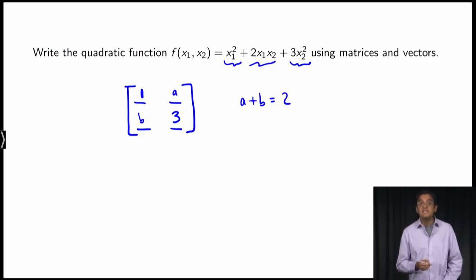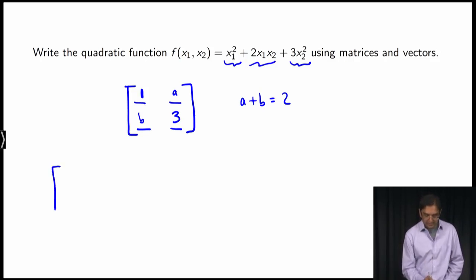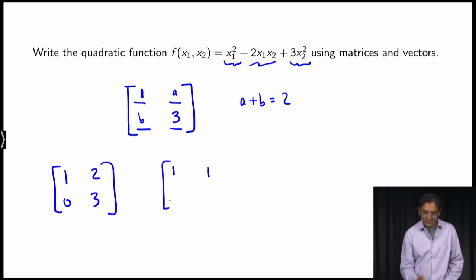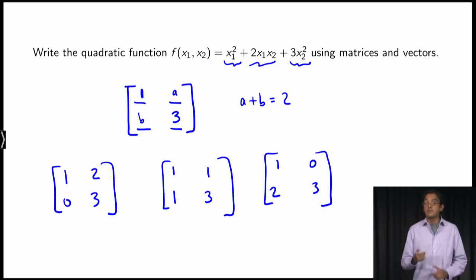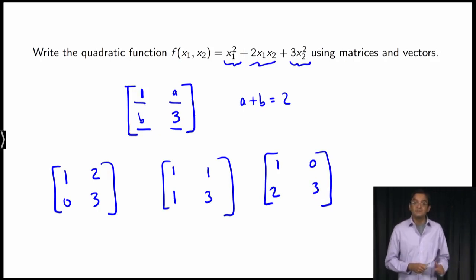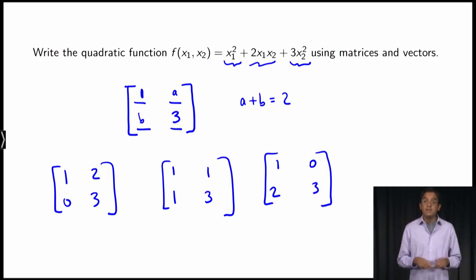And so there are actually several ways to achieve this function. We could use a matrix like 1, 2, 0, 3, or we could use 1, 1, 1, 3, or we could use 1, 0, 2, 3, and so on. There are actually infinitely many possibilities. So there are many matrices that realize this particular quadratic function.